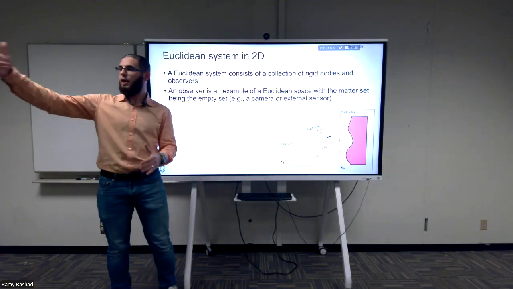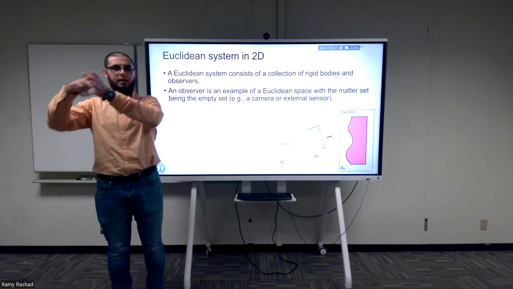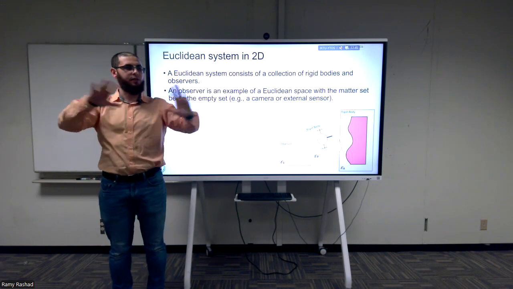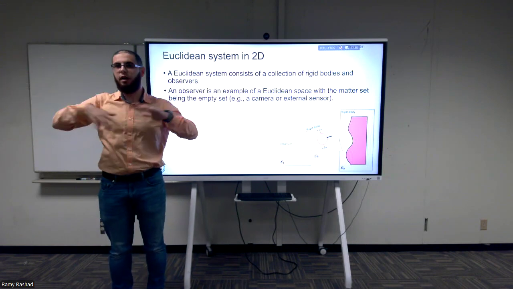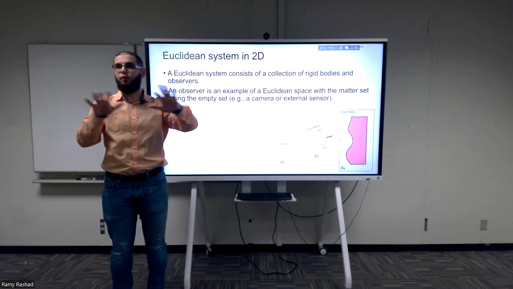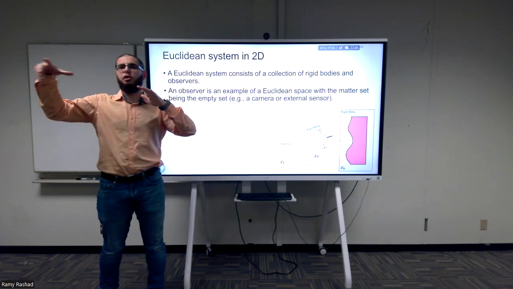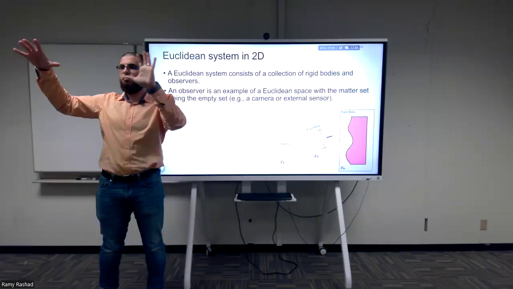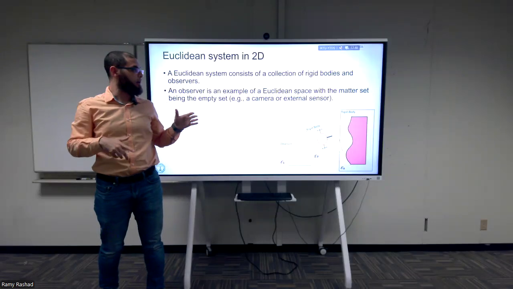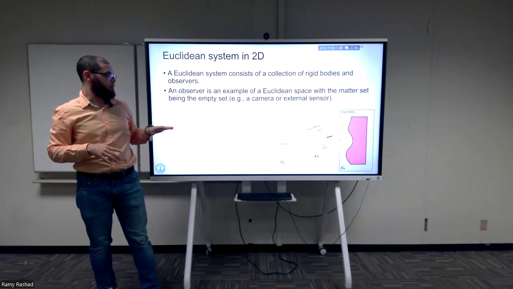You can have a Euclidean space where you want to look at the rest of the world. It can be, for example, the room itself. The room itself, even if it doesn't have any matter inside, I can move freely inside of it. It's still a Euclidean space separately from the others. And also, for example, if you have a camera, a sensor, or a motion capture system that is not a rigid body, you just want to observe stuff in this Euclidean system, this is considered to be an observer.